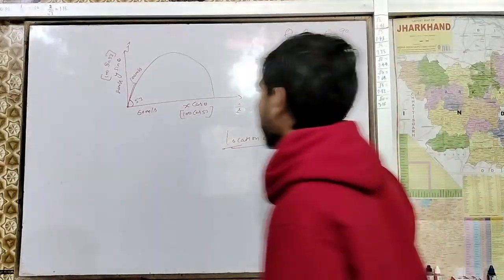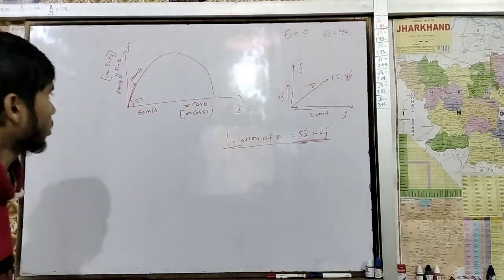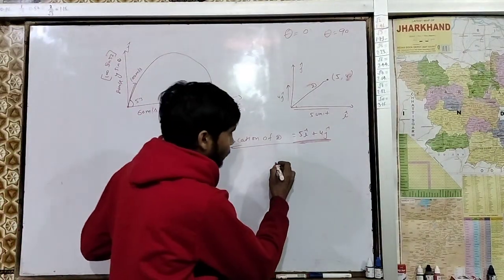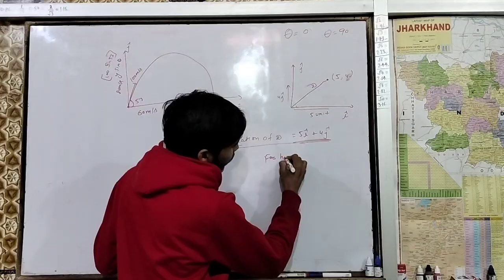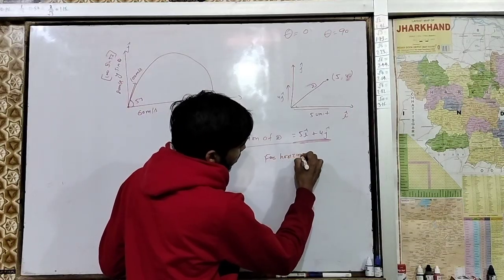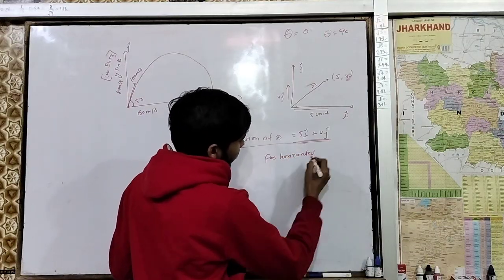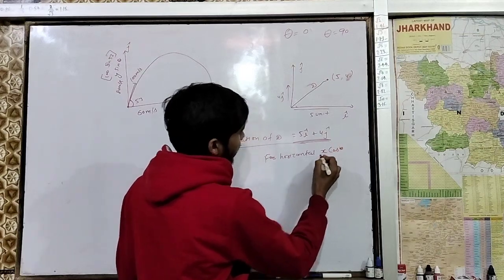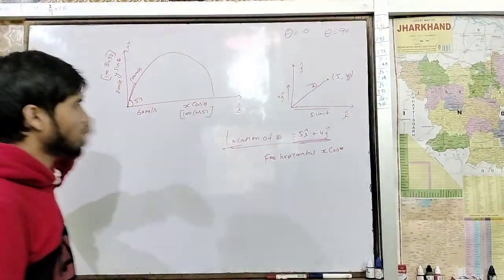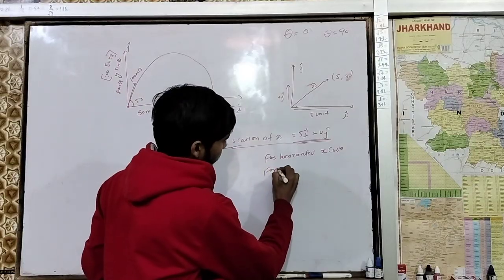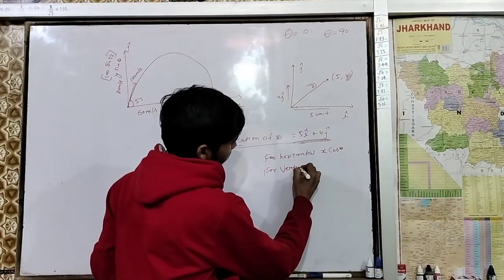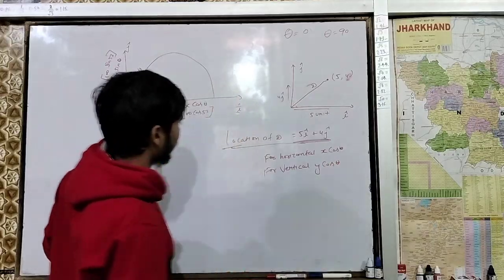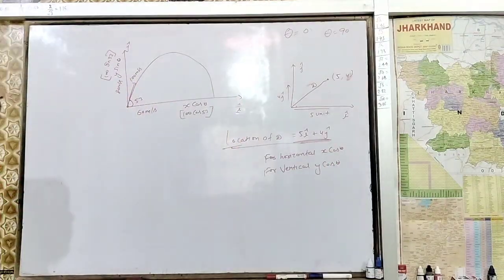For horizontal, remember, we use x cos theta, where x is this much velocity. For vertical, we use y sin theta, where the value of y is the same 100.